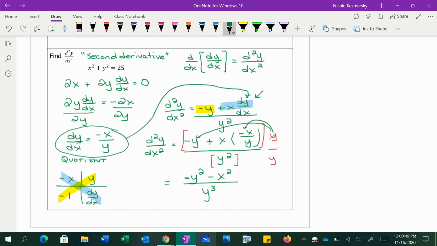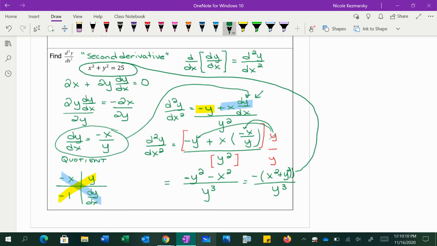And this next trick is kind of fun, because I'm going to factor out the negative sign and make this x squared plus y squared over y cubed. And then I'm going to go all the way back up to here, because x squared plus y squared is 25.